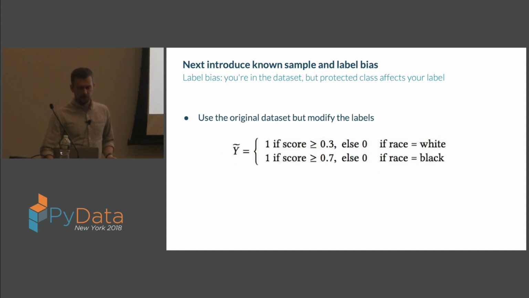In a similar fashion, we injected some known label bias. Our original labels are probabilities that you'll sign up for this agency's service. We converted those probabilities into binary labels, but used a different threshold for white people and for black people. We used a low threshold for white people and a high threshold for black people.